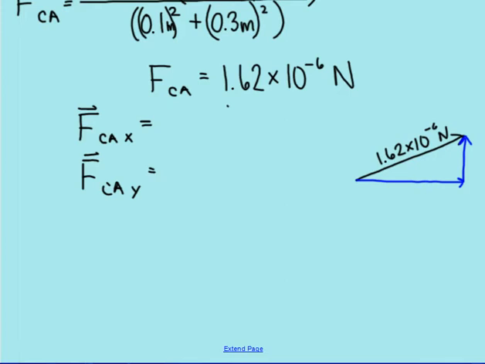Now, before we can actually find those components, we need to know an angle. Specifically, we need to figure out what this angle right here is. To figure out that angle, I'm going to use the concept of similar triangles. I know that we have a distance of 0.3 meters and a distance of 0.1 meters.